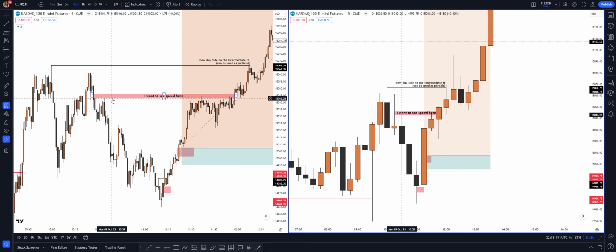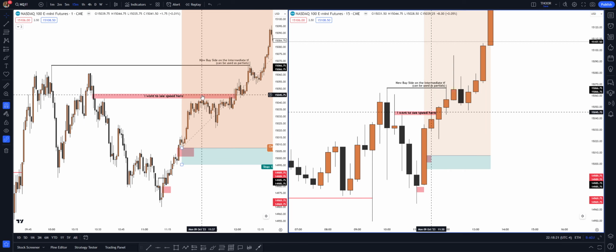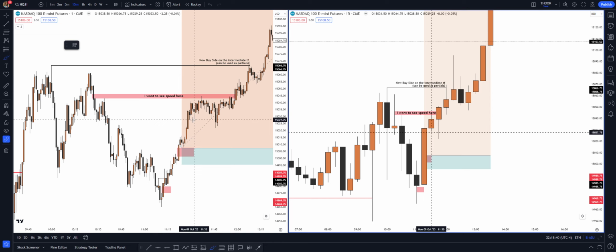In this case, this is an imbalance. What the algorithm needs to do is trade into here on the 1 minute chart, and it might reject it. That's fine. It doesn't give me any concern during a live trade. But in an ideal world, this is what I want to see. Okay, let's say this is price. We're approaching this imbalance.